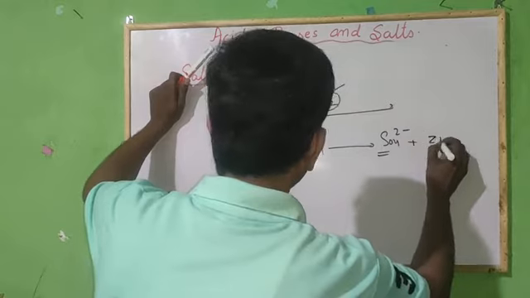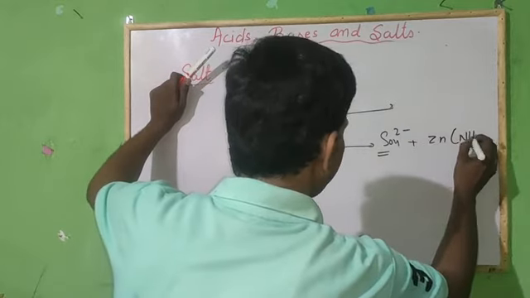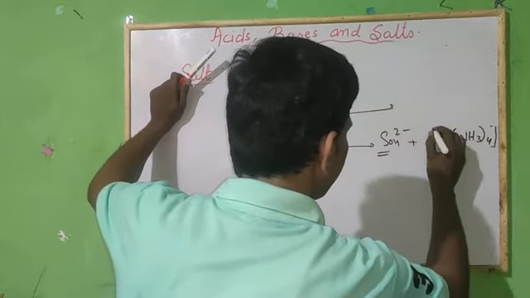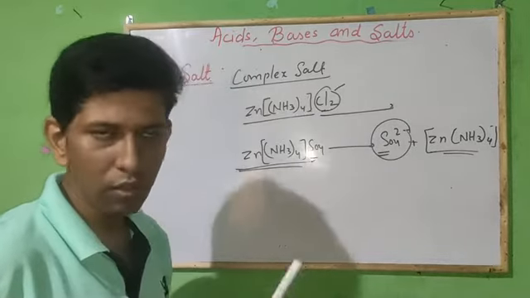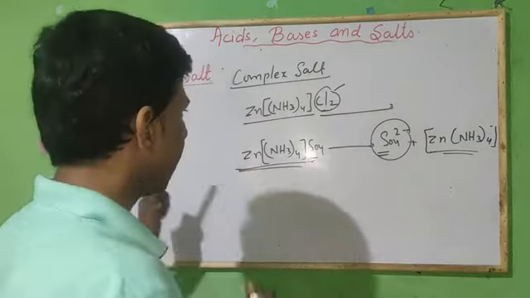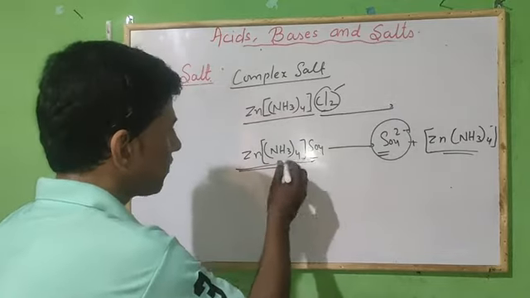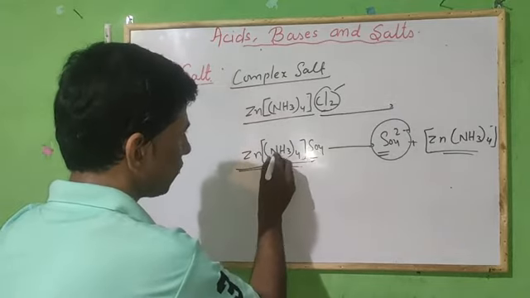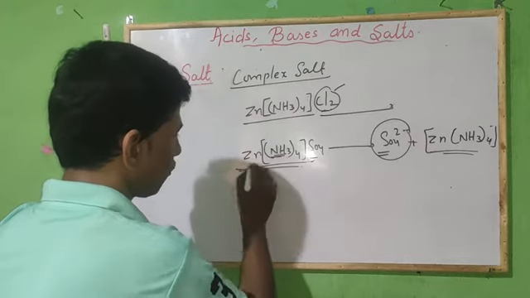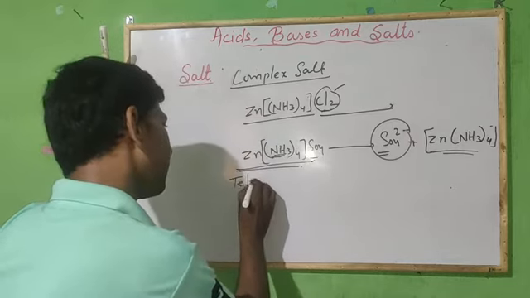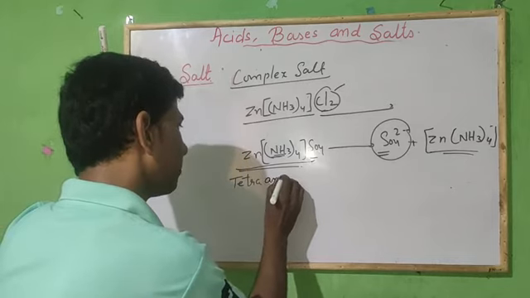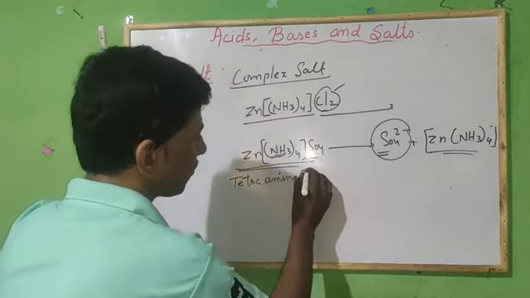So this will not ionize, this part will ionize. Such a type of salt is called complex salt. Clear? And if you want to write its name, it has the ammine group, 4 in the bracket, 4 ammine groups are there. So you can write tetraammine zinc sulfate.